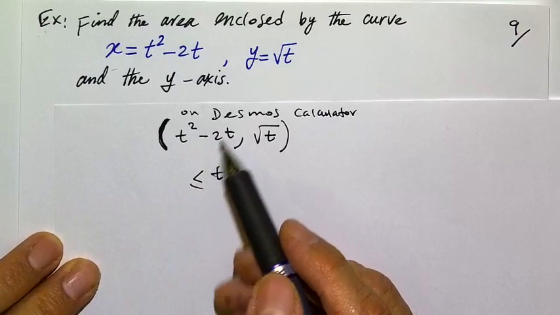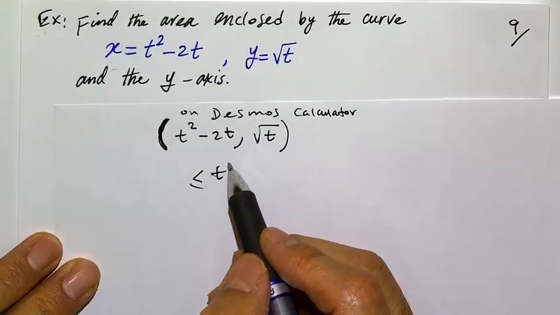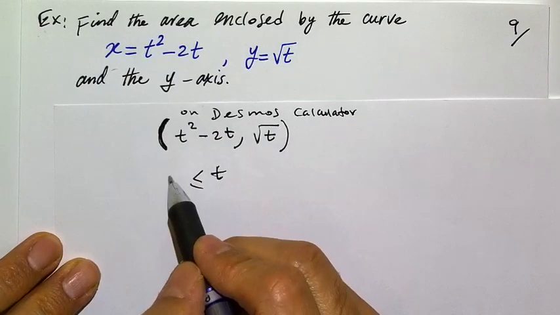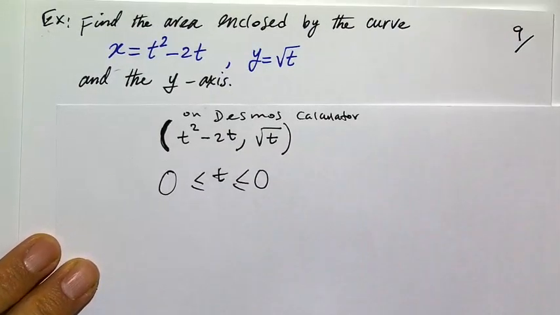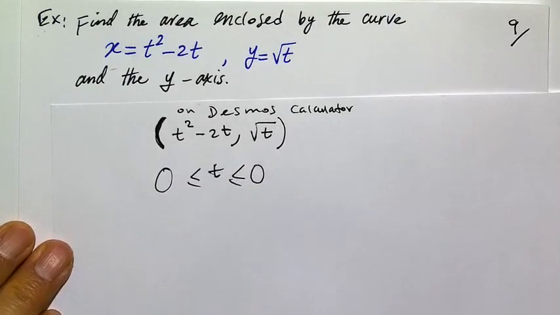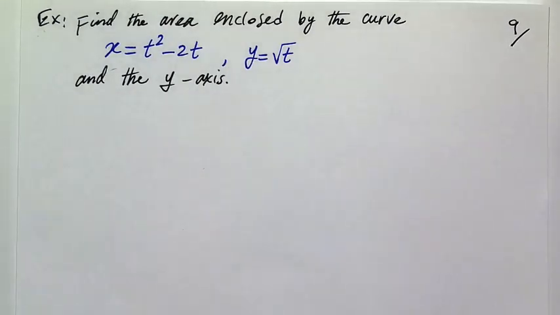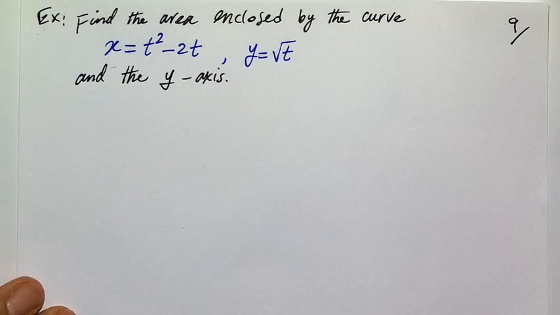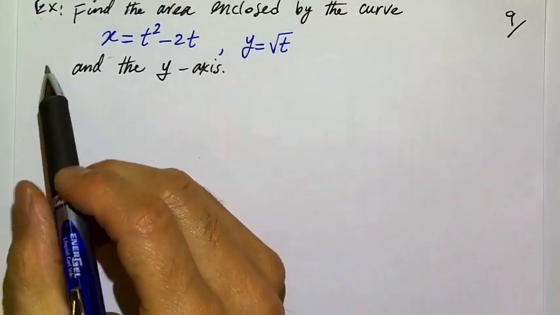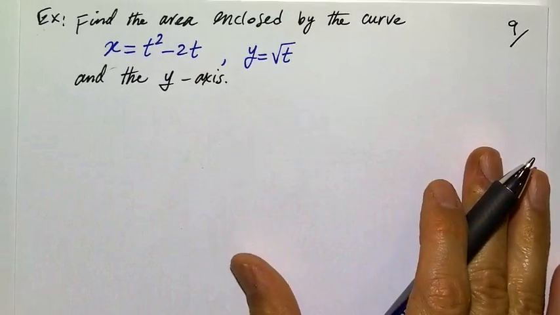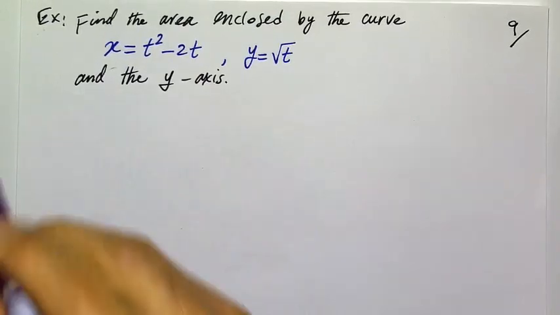We haven't done that yet. But once we calculate those limits for t, you will enter them here and here. And then as soon as you do that, a graph of this parametric equation is going to pop up. It does a very nice job too, this Desmos does. Okay, but I'm going to show you also here how to do it manually. So the first thing we need to do is this.